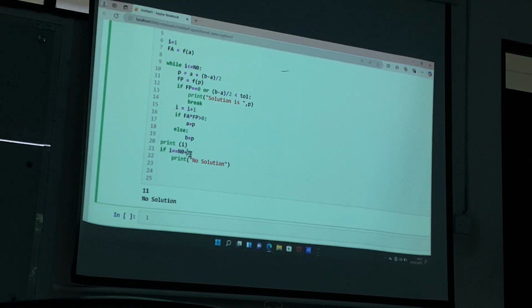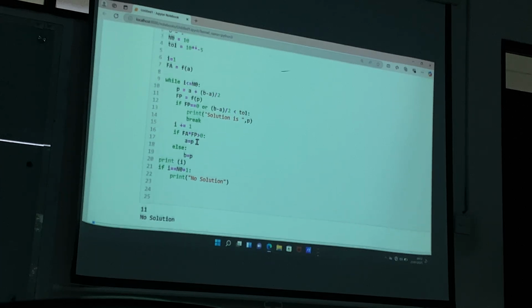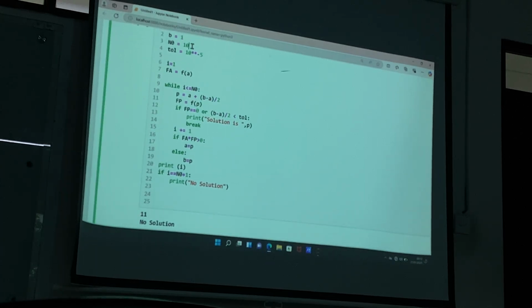Is this the same if I use this here? No solution because I said the maximum iteration is 10.